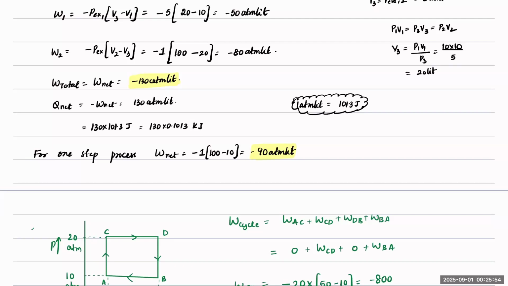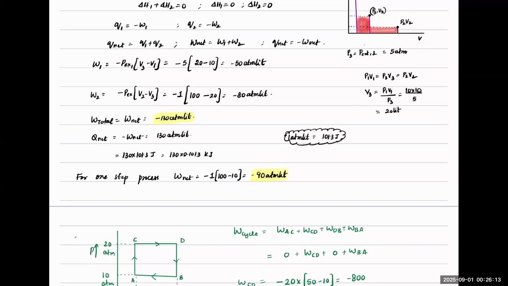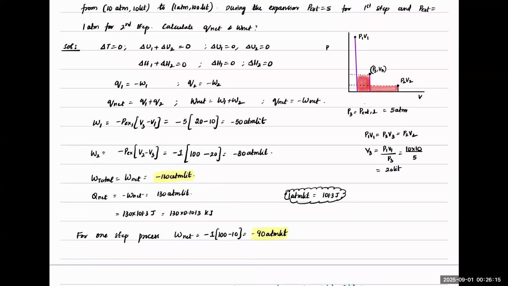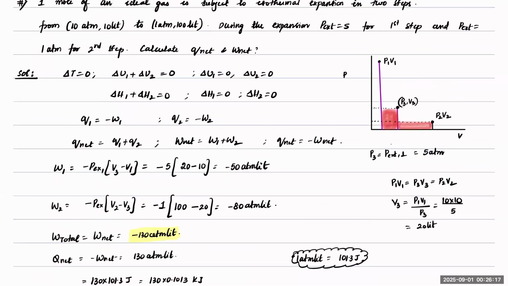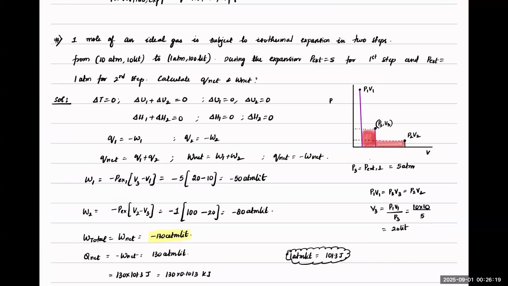So remember what the question is asking, whether compression is asked or expansion is asked. If it is compression, you should calculate the irreversible work done. If it is expansion, you are supposed to calculate the reversible work done. Okay, clear everyone? Right.